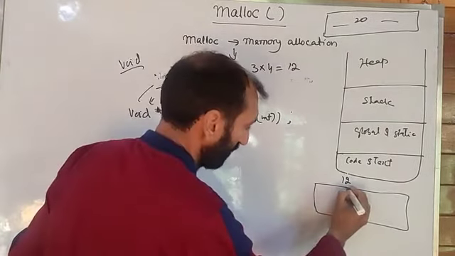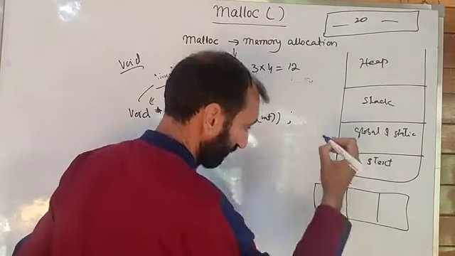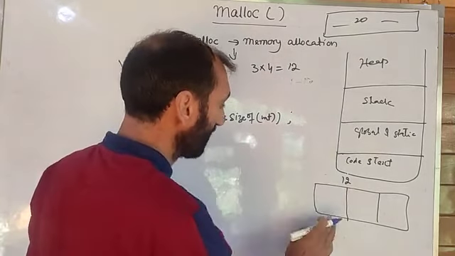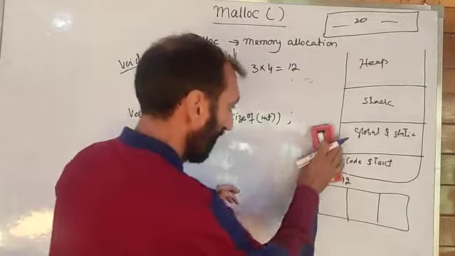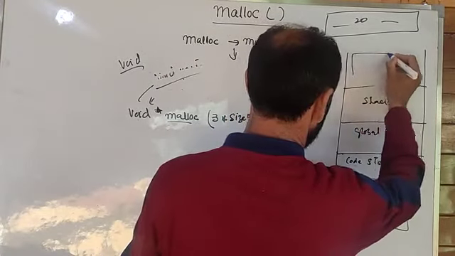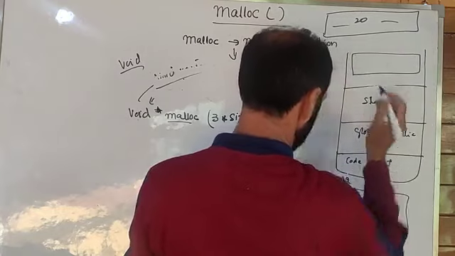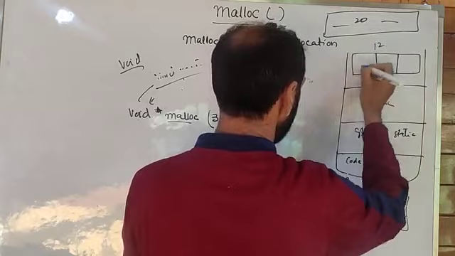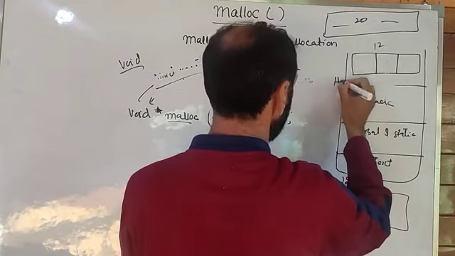That means, for example, this is the first, this is the second. Where I am going to store the 3 integers, a complete block of, for example, 12 bytes will be allocated by the memory manager from this heap portion.